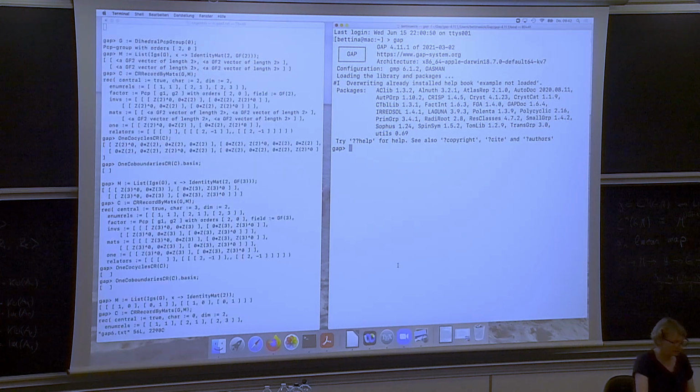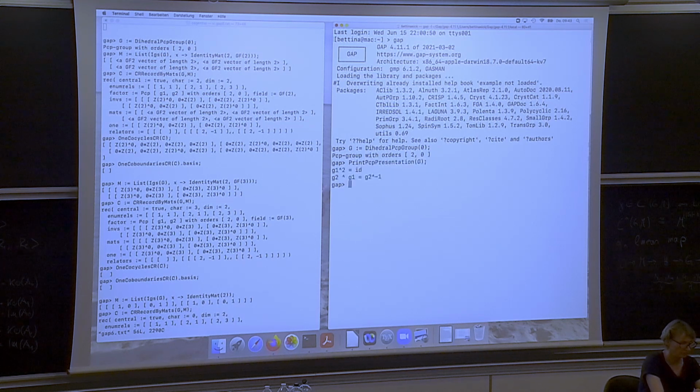So let's look at some of these cohomology groups. You certainly need to get yourself a group and a module. One module that you can always easily get is the trivial module. Otherwise, you need to do some computations beforehand to get a module. So we start here with the infinite dihedral group, as we have seen yesterday.